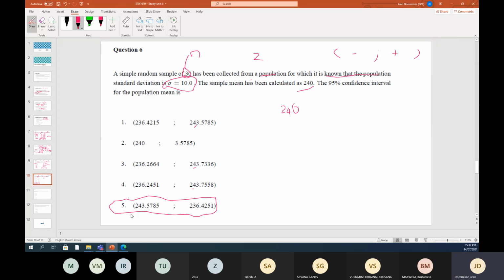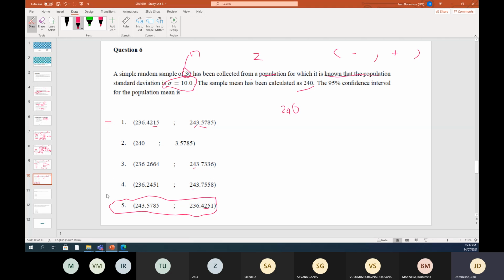So in the exam, if I was running out of time and I see this as one of the answers and the opposite, and then 243.5785 and 236.425142, that is also interesting.